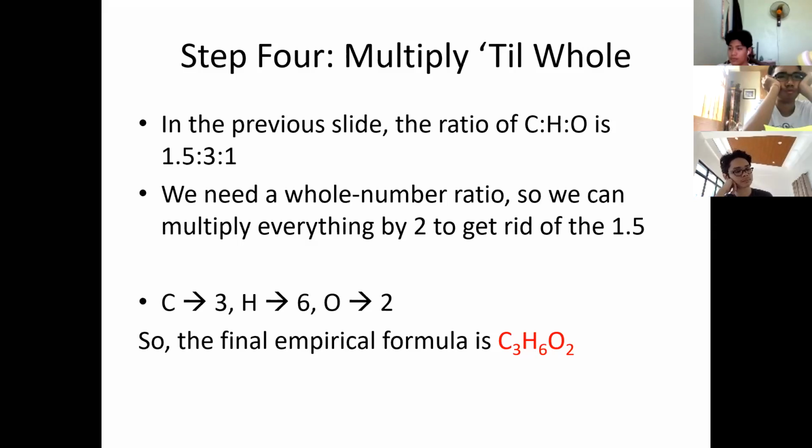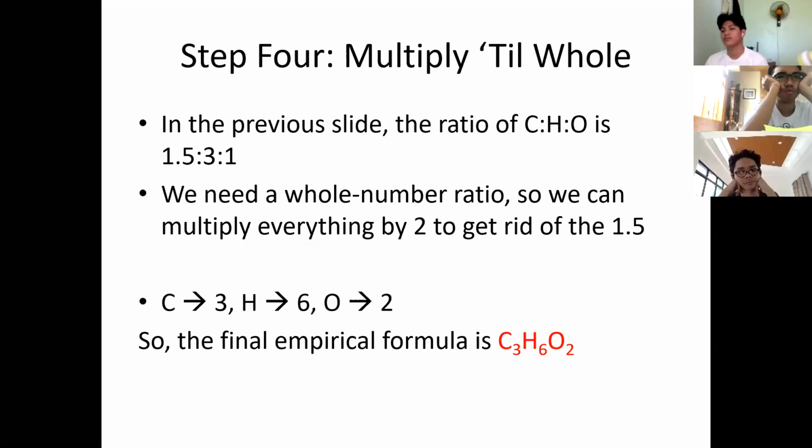So to eliminate the denominator, we'll multiply by the value of the denominator, which is 2. And that value will also be the same multiplier for the other subscripts 3 and 1. So for carbon 1.5, hydrogen 3, and oxygen 1, every value here will be multiplied by 2.